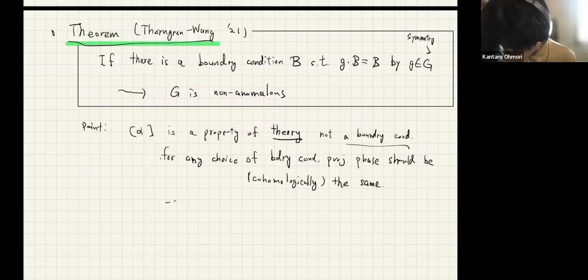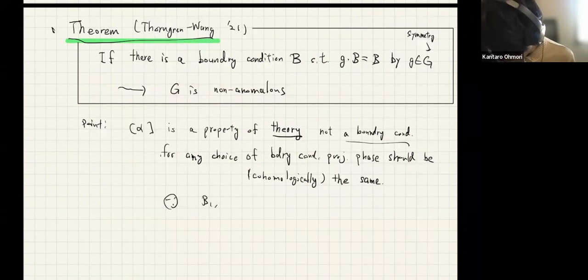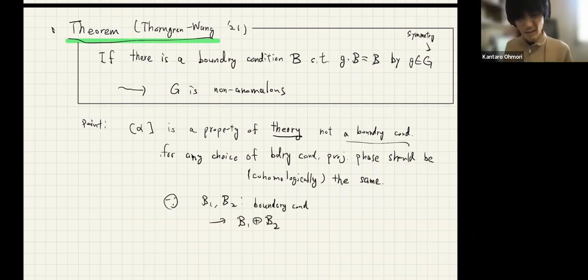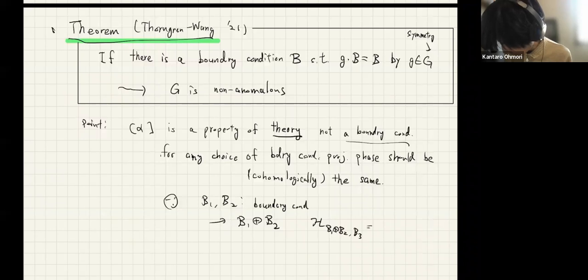This is because if B1 and B2 are boundary conditions, then there has to be a boundary condition like the sum of the two, such that the Hilbert space H(B1+B2, B3) is H(B1,B3) plus H(B2,B3).